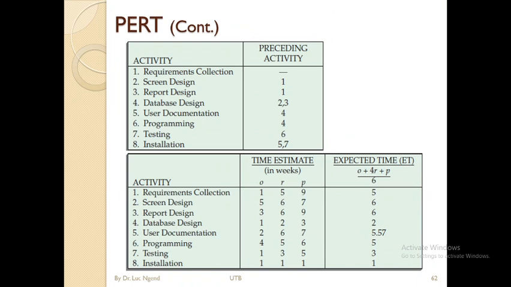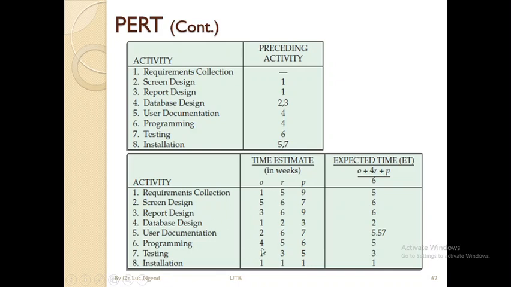So what happens? Let's assume that we have our first diagram, you remember. We defined our activities here, and then we have the time estimate here.